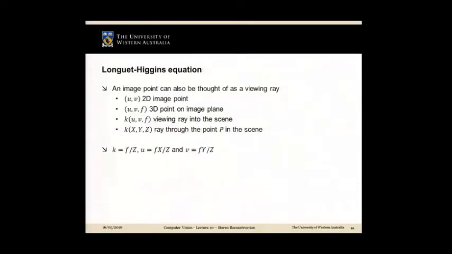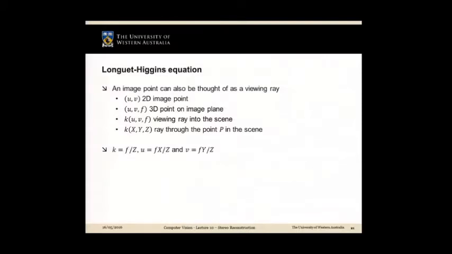So, talking briefly about this Longuet-Higgins equation, it says that an image point can also be thought of as a viewing ray. So UV is your 2D image point. And if you define this equation, UVF will give you a 3D point in your image plane, and KUVF will give you the viewing ray into the scene, and KXYZ the ray through the point P in the scene.